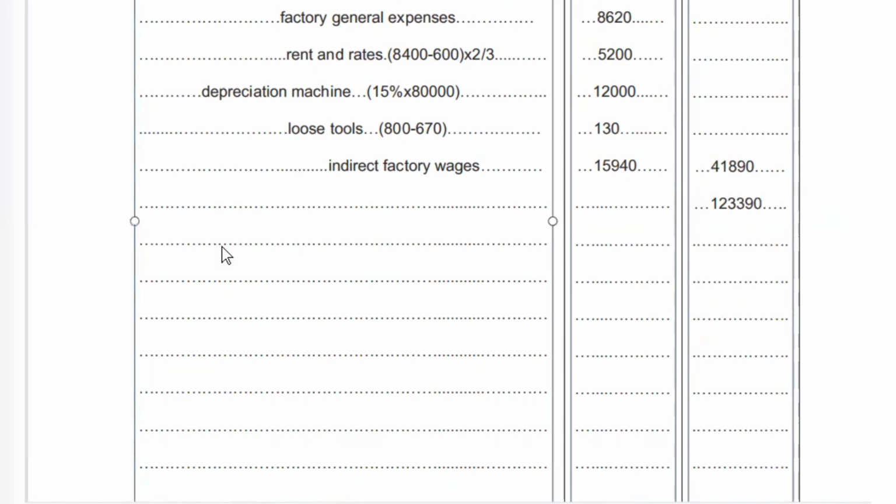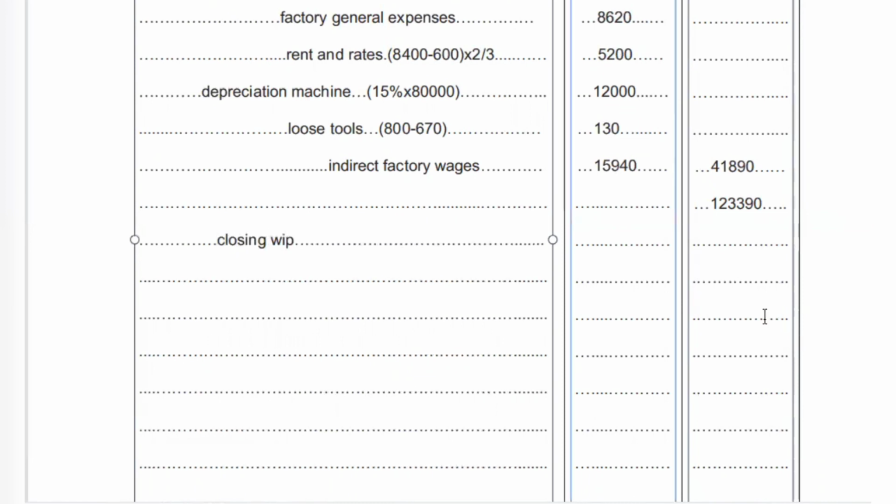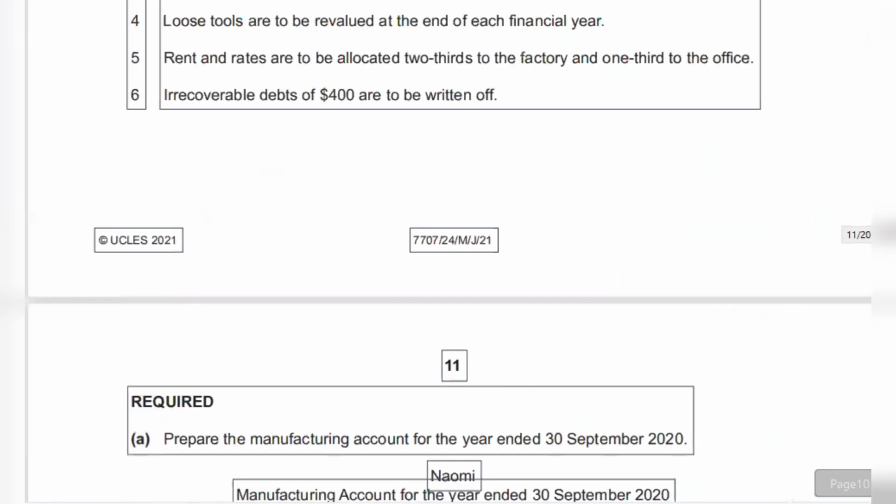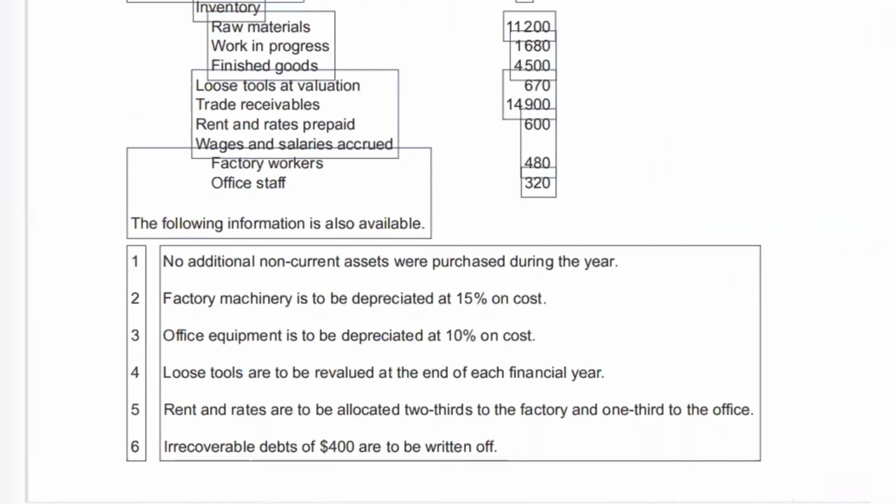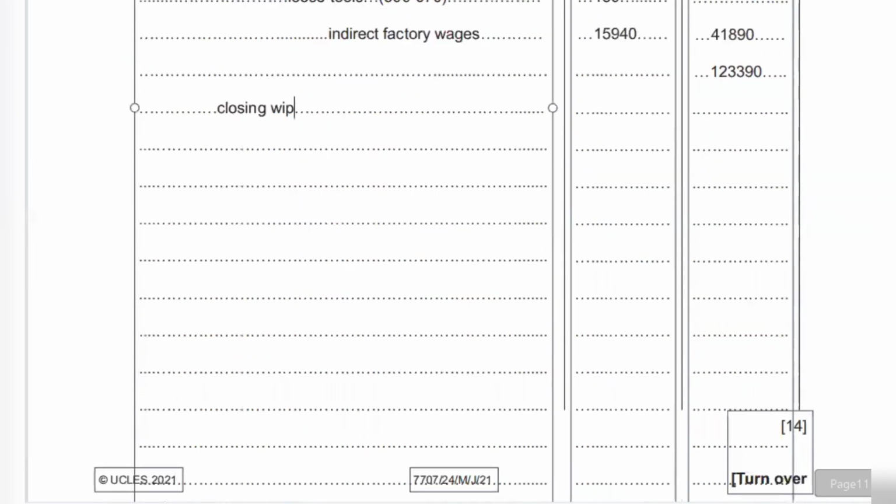Work in progress. Opening balances of the inventory are not given, so the opening work in progress will be 0, and we'll write closing work in progress, that is 1680. So we'll deduct 1680.